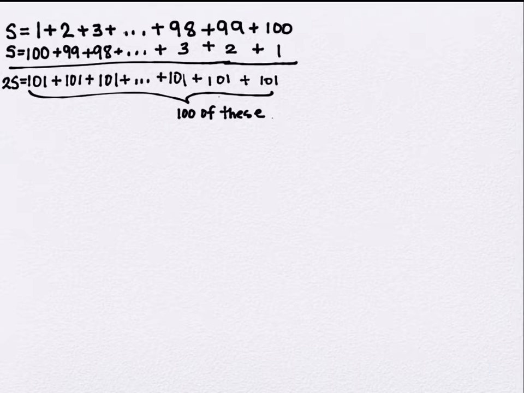Okay, so I need to add 101 together 100 times. There's got to be an easier way to do that than just adding and adding and adding, and it's known as what? Multiplication. Yes, ma'am, it is, all of you. So what do we have? Well, what we really have is 100 times 101.